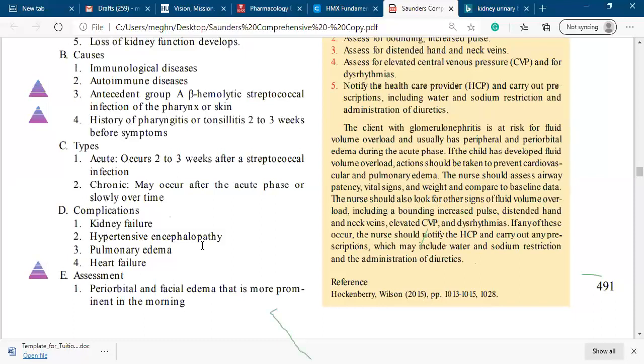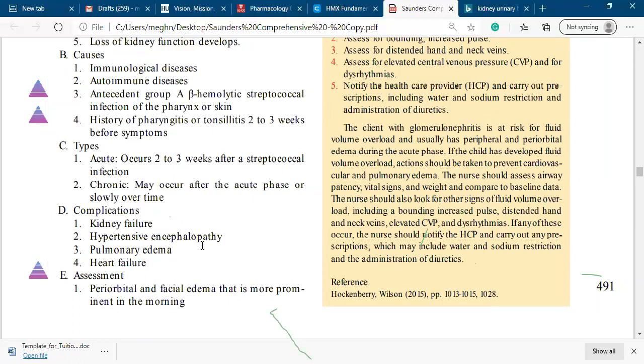Uremic signs and symptoms develop, and this is called hypertensive encephalopathy, developing because of the underlying kidney problem. Because the kidney has a function, the waste product has to be expelled from the body. When the kidney does not work, the waste materials accumulate in the blood and cause toxicity.